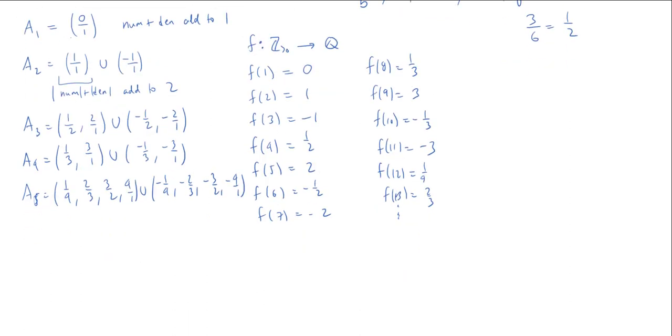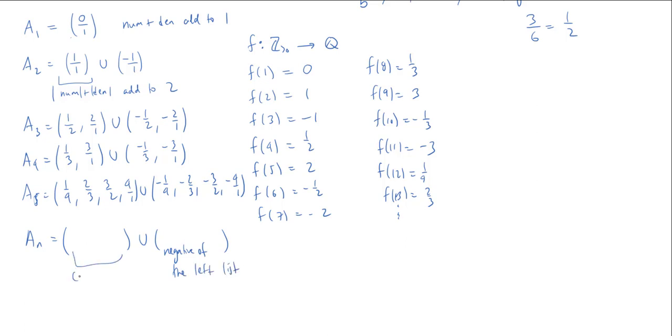And so in general, A_n is going to equal the union of two lists. The second is just going to be the negative of the left list.